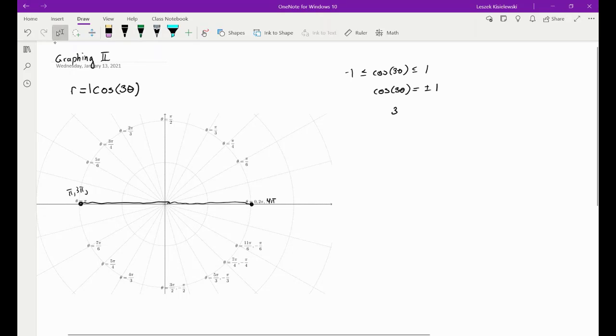So for cosine to be plus or minus 1, the argument has to be a multiple of pi. So 0, pi, 2 pi, and so on. Okay, so then in order to actually solve for theta, we want to divide everything by 3.